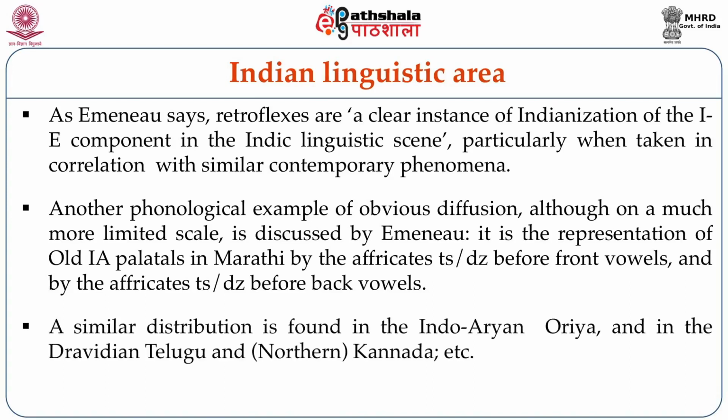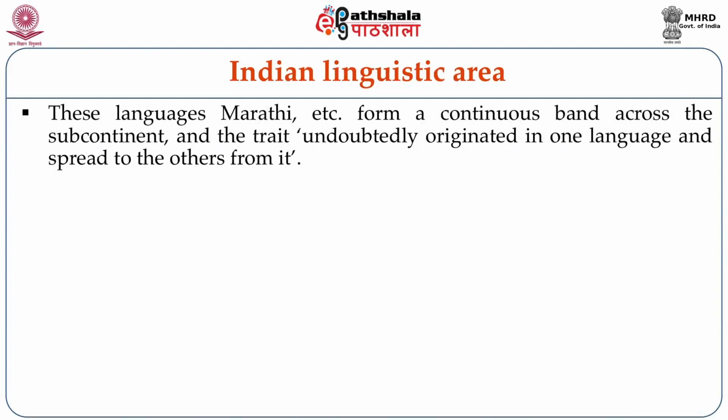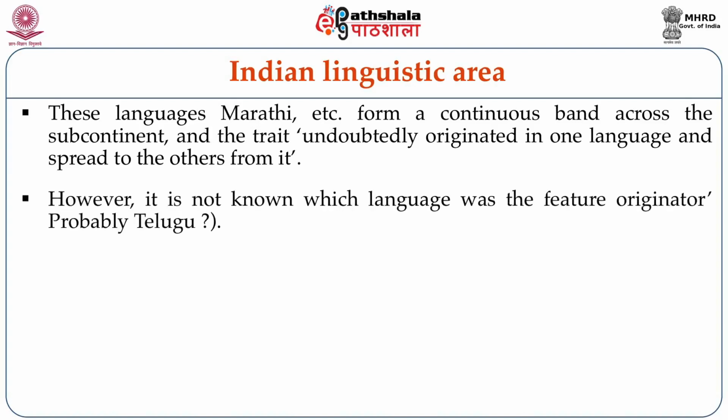A similar distribution is found in the Indo-Aryan Vadiya and in the Dravidian Telugu and also to some extent Northern Kannada. These languages, Marathi, etc., form a continuous band across the subcontinent, and the trait undoubtedly originated in one language and spread to the others from it. However, it is not known which language was the originator. Probably Telugu, but that is guesswork.